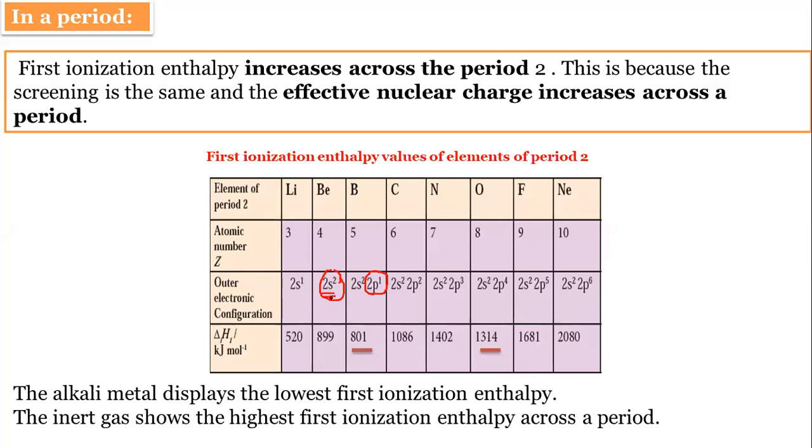So the amount of energy required for beryllium is more. And see, the electron is present in the 2p1 orbital. It can be easily removed. So boron has less ionization energy than beryllium.